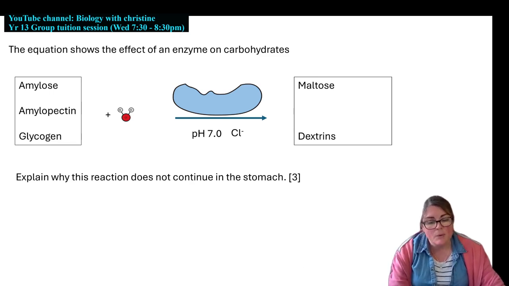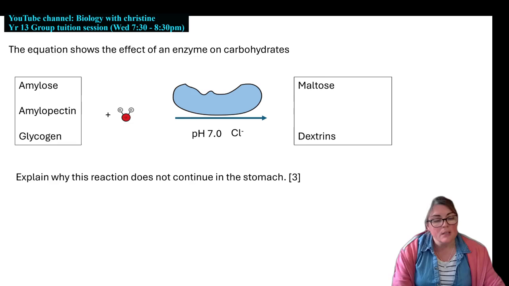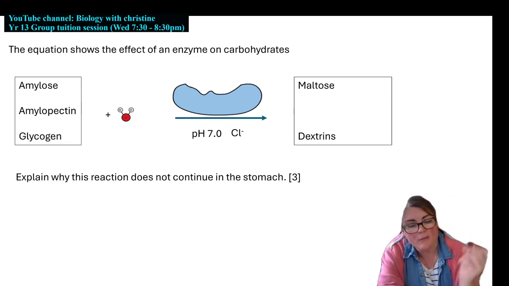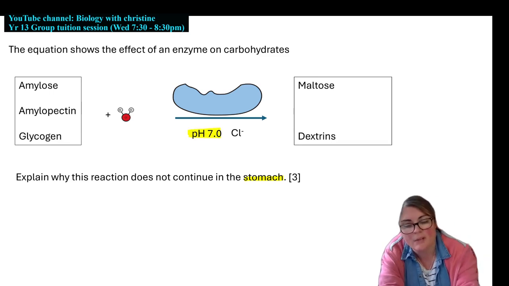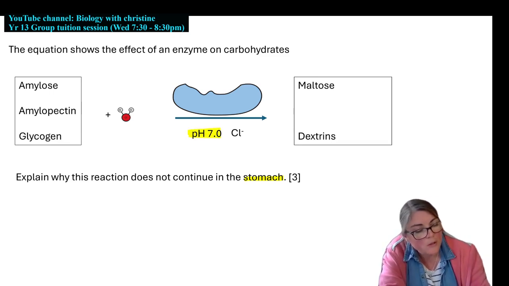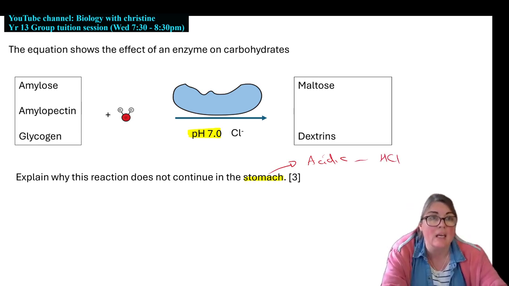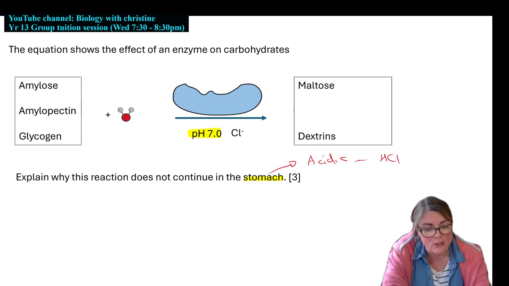The next question says, okay, explain why this reaction does not continue in the stomach. So straight away they've given me some information in the question: stomach, and they've told me it's a pH of 7. So I should know that my stomach pH is acidic. Why is it acidic? Because you have hydrochloric acid that is released into the stomach, therefore changing the pH.